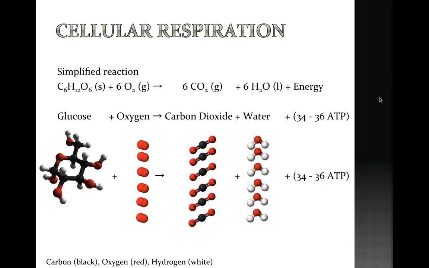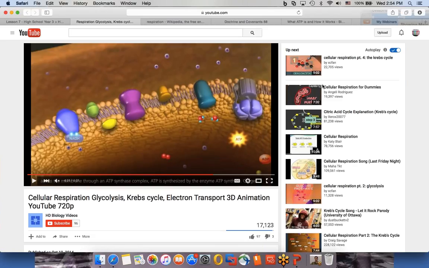Emmeline says, is this all in the mitochondria? All of it is in the eukaryote cells. Well, except the first step, which is glycolysis. The glycolysis is in the cytosol, but everything else happens inside the mitochondria.